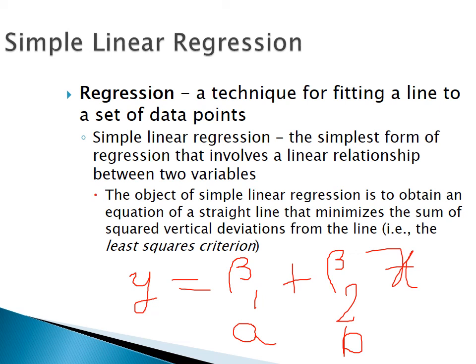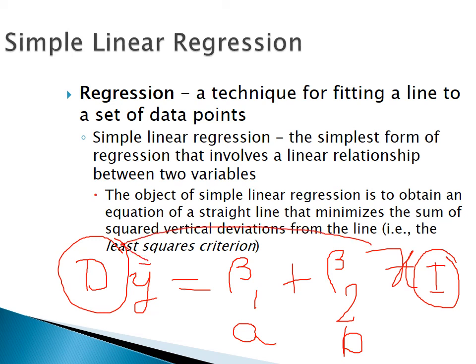So in regression, the basic concept says that y, which is a dependent variable, depends on some independent variable. So this is the dependent variable, and this x here is the independent variable. So this x influences this y. Okay.